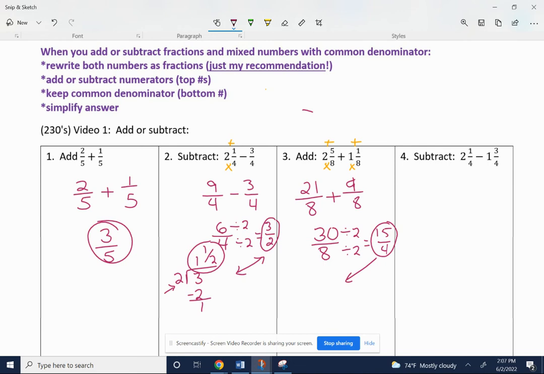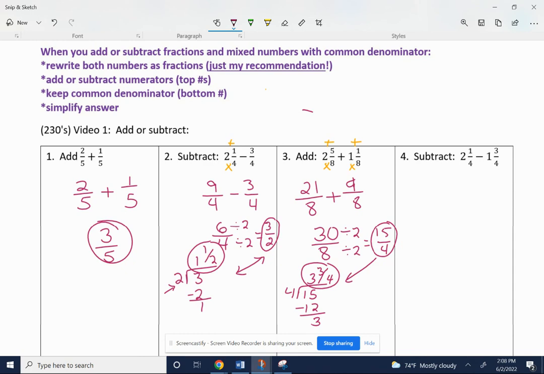Or changing this to a mixed number, divide 4 into 15. 4 goes into 15 3 times. Subtract 12 from 15, and take that remainder and put it over the 4 that you divided by. 3 3/4 would also be fine. Those are the two answers that would be perfectly good for this.